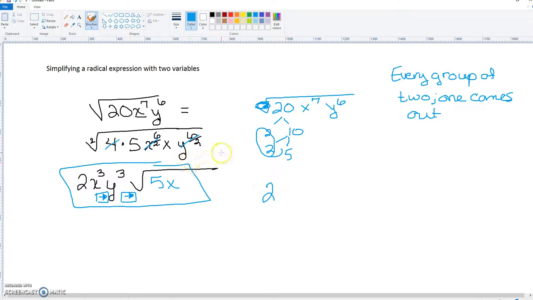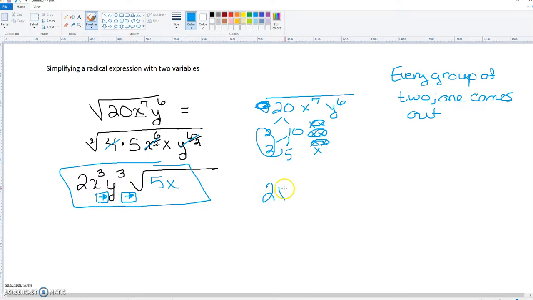Now, this is the same problem, we're just looking at it from a different angle. With this x to the 7th, what we can do is break this apart. So we got x, x, x, x, x, x, x. There we go. So I got 7 x's here. For every group, we've got one group of 2, 2 groups of 2, 3 groups of 2.